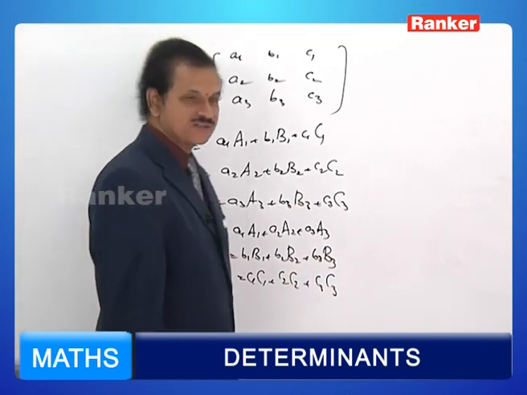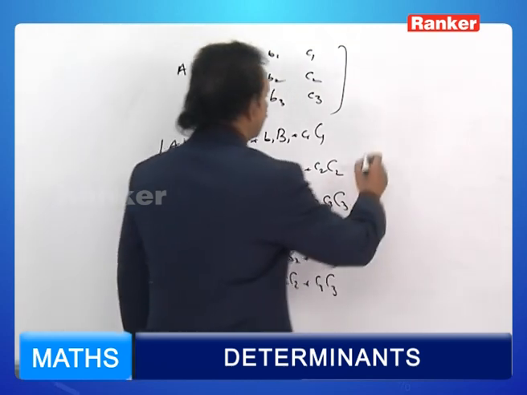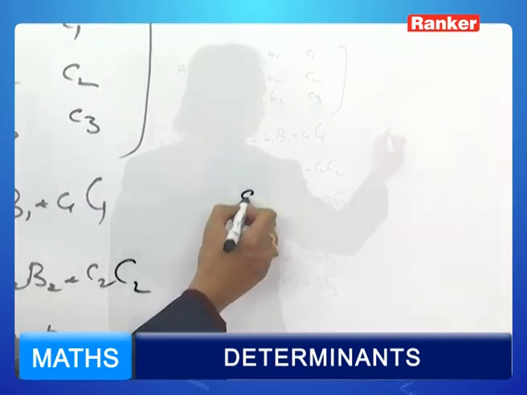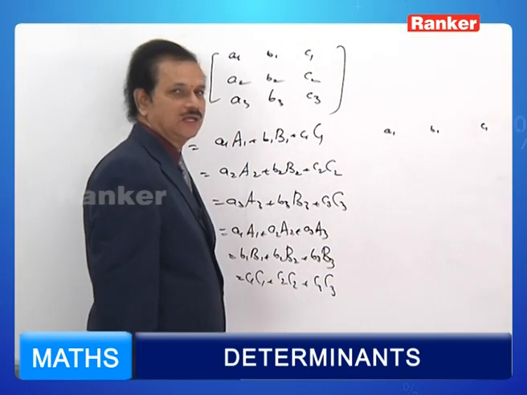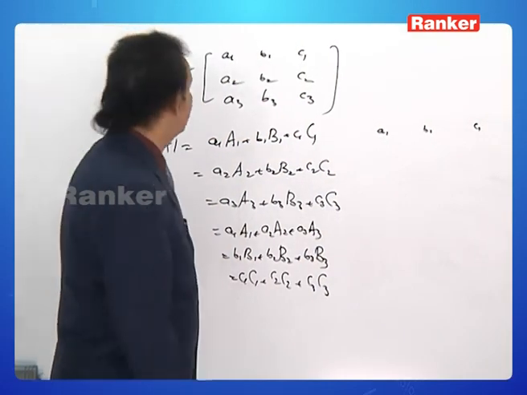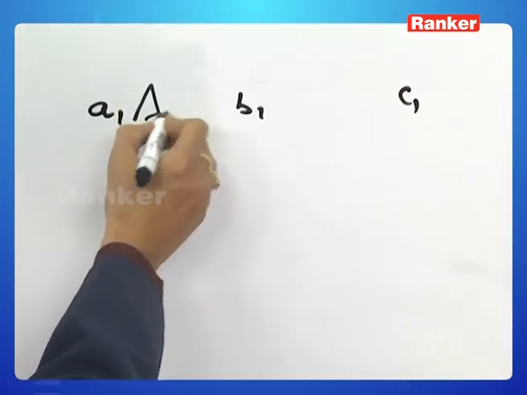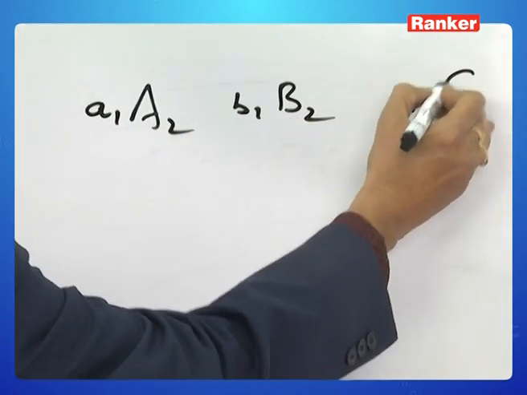Another beautiful character of the cofactors is, look here: what are a1, b1, c1? Elements of the first row. What are A2, B2, C2?